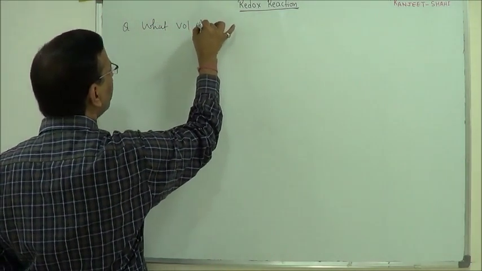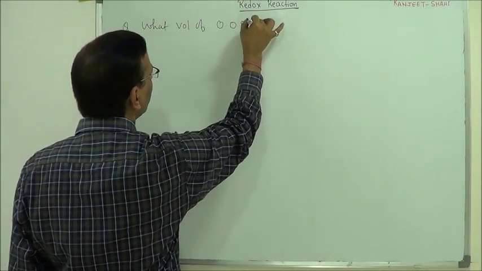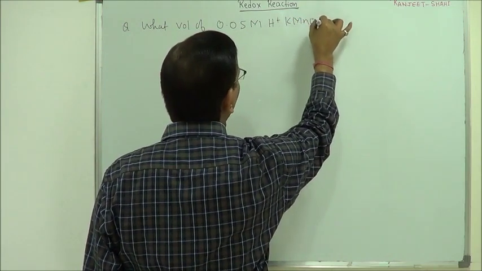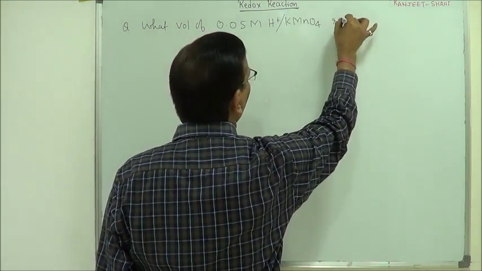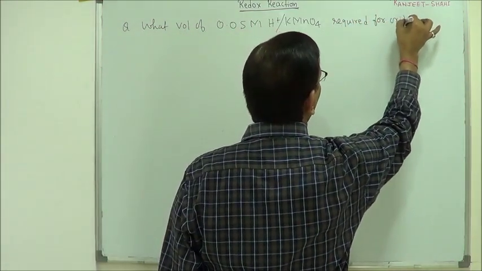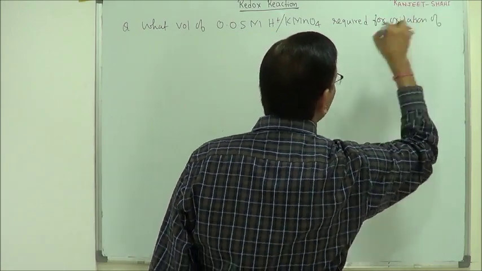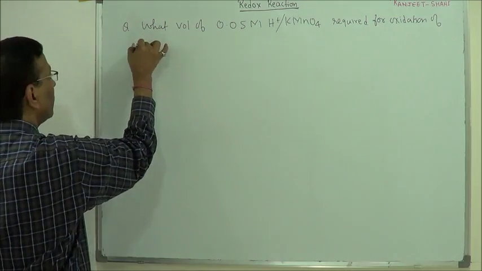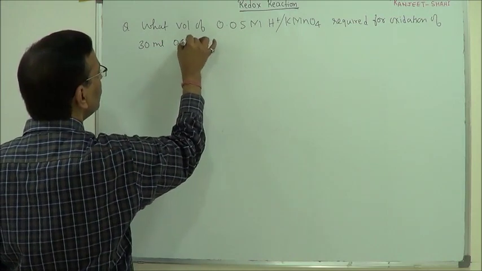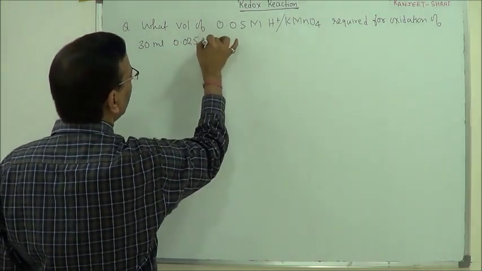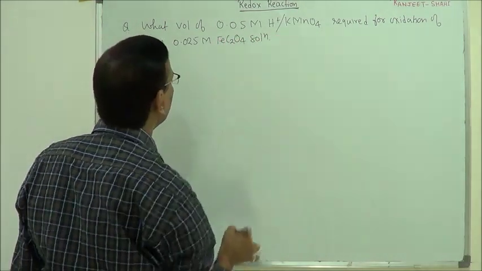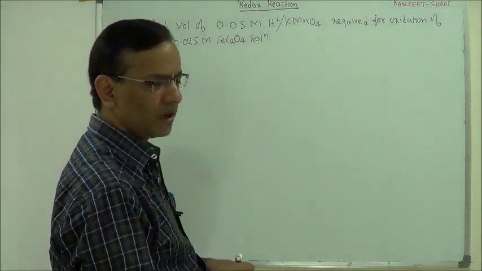What volume of 0.05 molar acidic KMnO4 is required for oxidation of 30 ml of 0.025 molar FeC2O4 solution? Now the situation is a bit tricky.